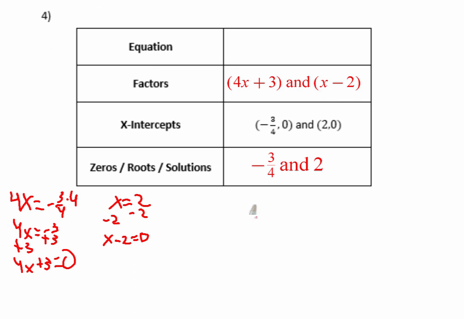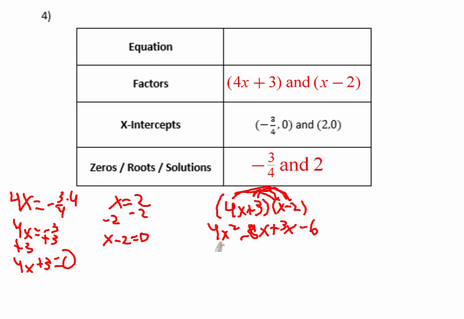To get my equation, I take 4x plus 3 and I multiply it by x minus 2. Distribute twice. 4x times x is 4x squared. 4x times negative 2, minus 8x. 3 times x, plus 3x. 3 times negative 2, minus 6.